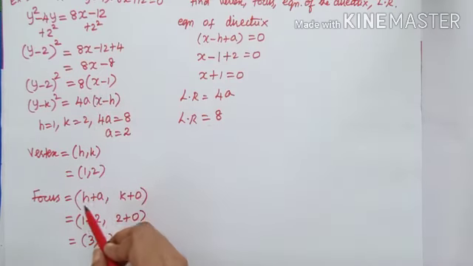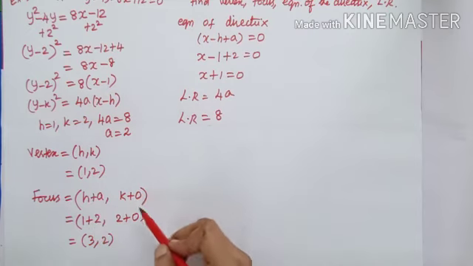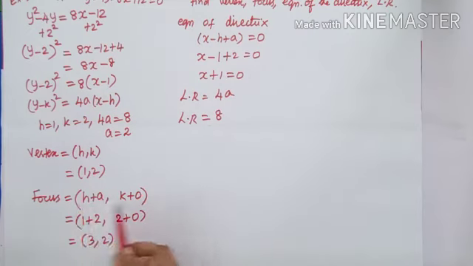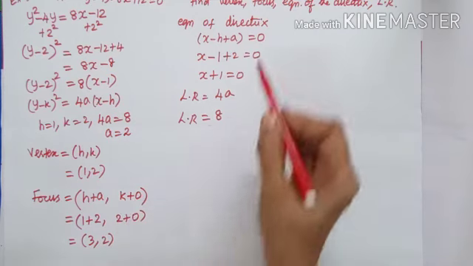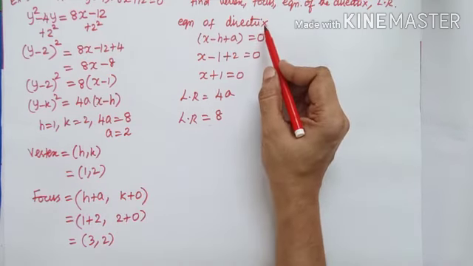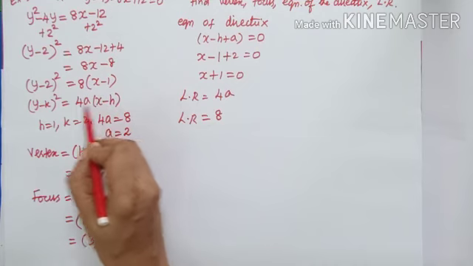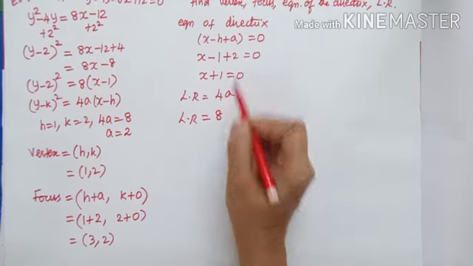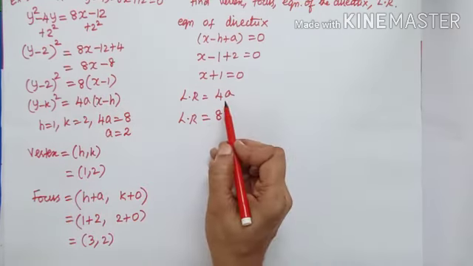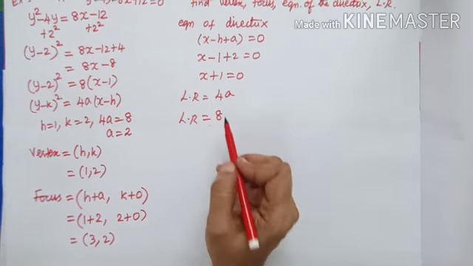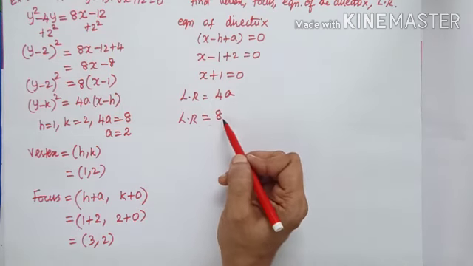Add a with the x value. And y will be 0. Always put h comma k. Here add a, here add 0. Directrix, when I come, it is x minus h plus a equals 0. And latus rectum, in all the cases we say the length is 4a, and that is 8.